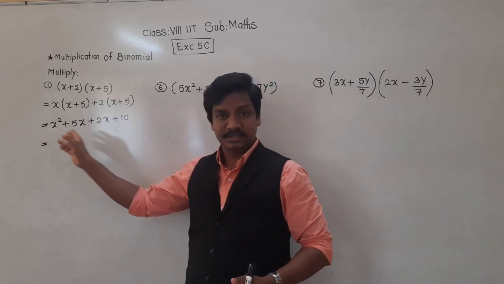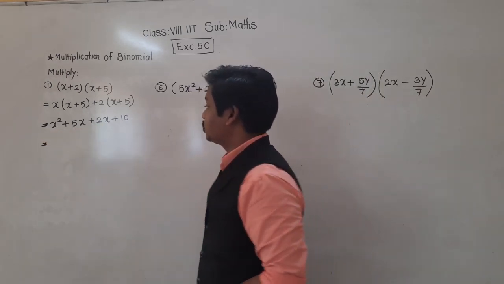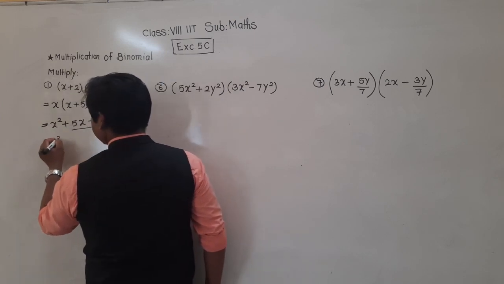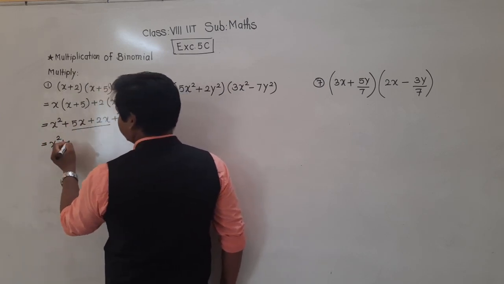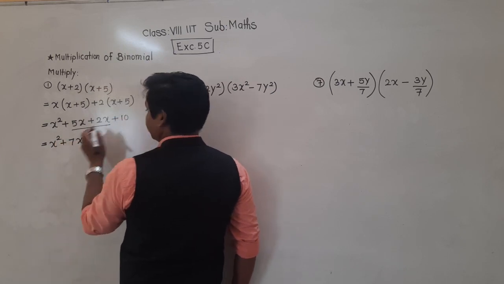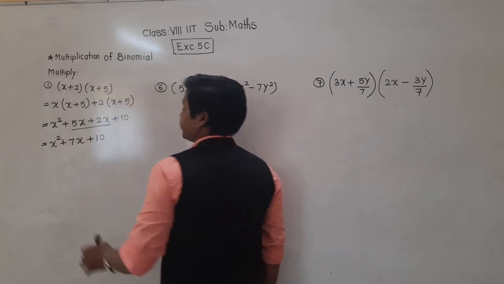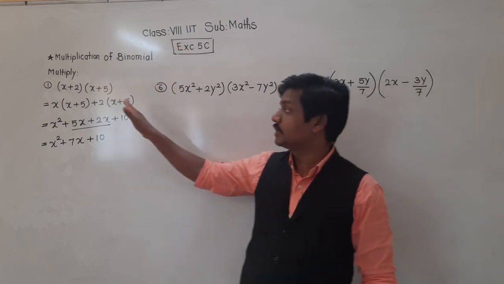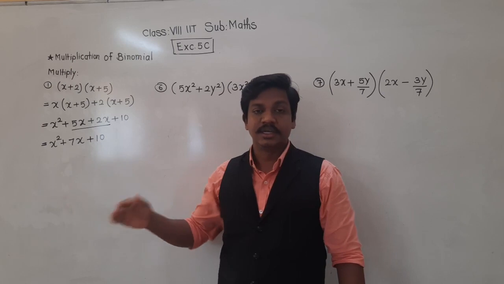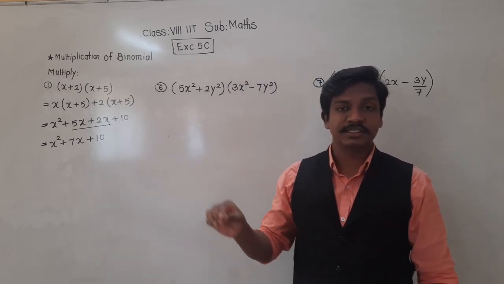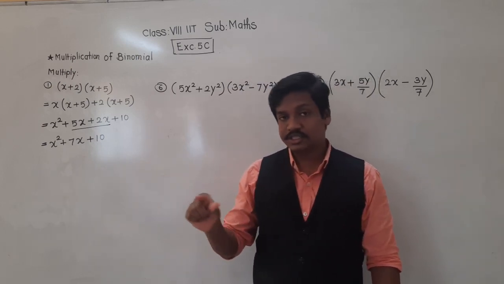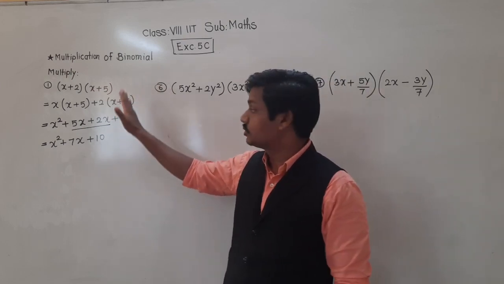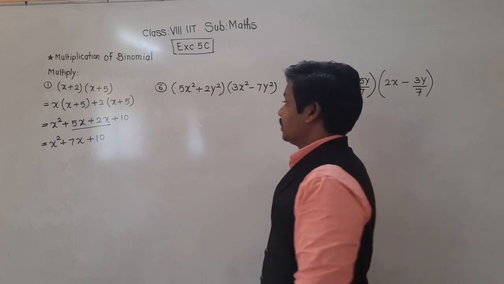Yes, 5x and 2x are like terms, so let's add them. The remaining terms stay as they are: x square plus 5x plus 2x, 7x, plus 10. This is the horizontal method of multiplying binomial by binomial. There is another method called the column method, but the horizontal method is most convenient, that's why I am going to use this.